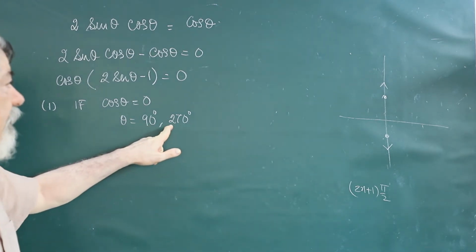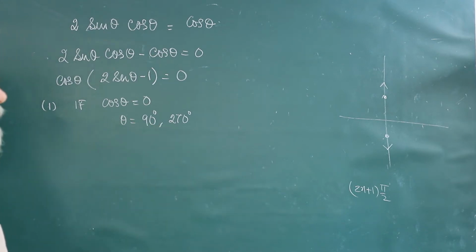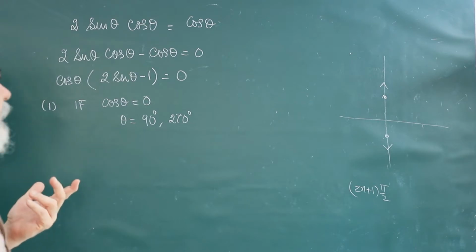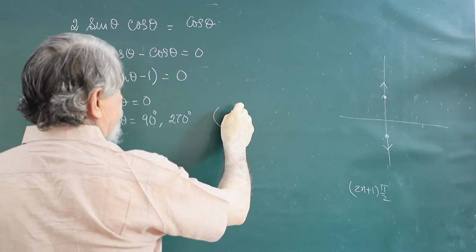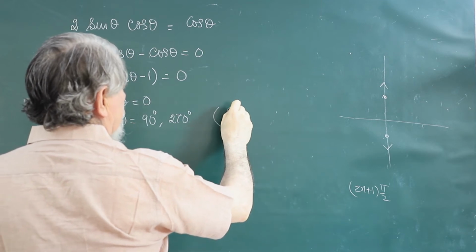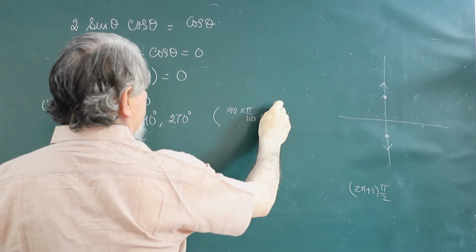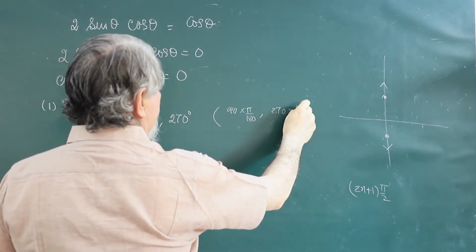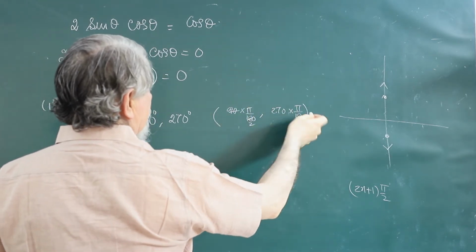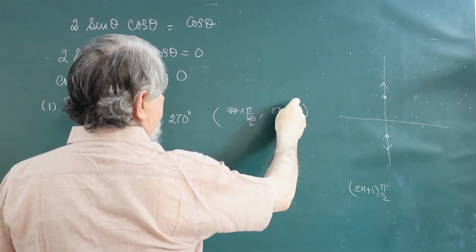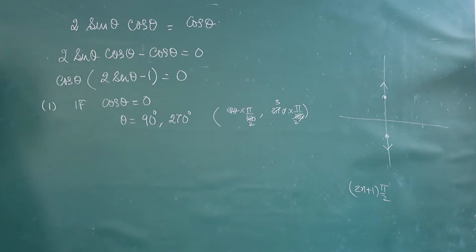So there are two possible values of theta, 90 and 270. And how do we write in terms of pi by 2? 90 into pi upon 180, you know how the conversion is done. 270 into pi upon 180. When you cancel it, it will be pi by 2, 3 pi by 2.